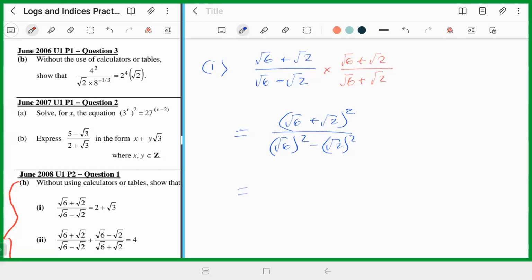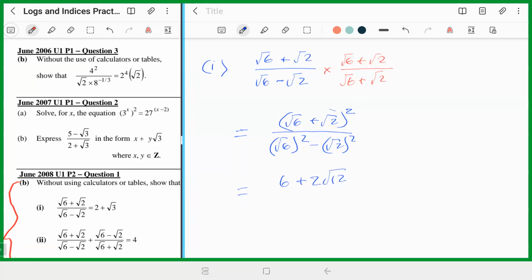We're going to expand this perfect square now. When you expand a perfect square, you get the first term squared, which is 6. Then you get twice the product of the 2. Root 6 times root 2 is root 12, then I double that, so my middle term is 2 root 12.